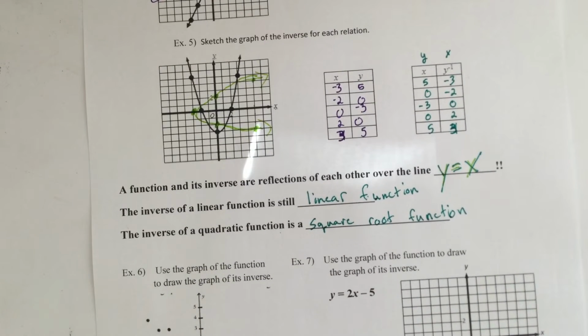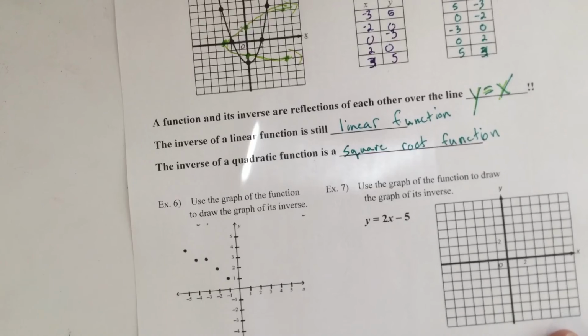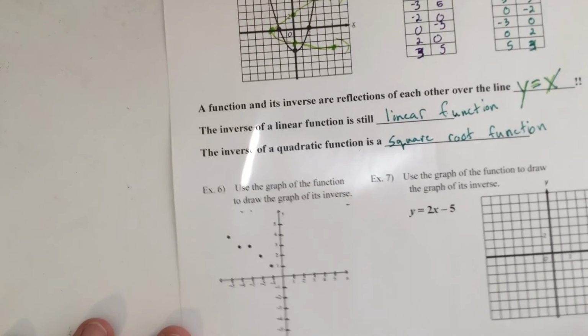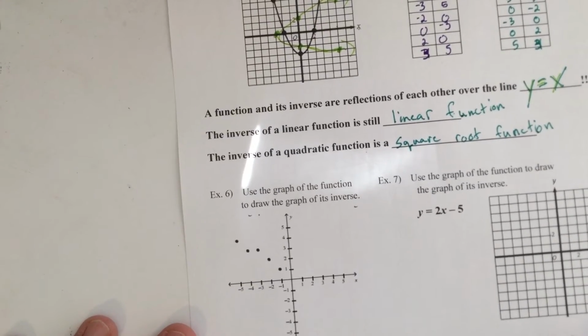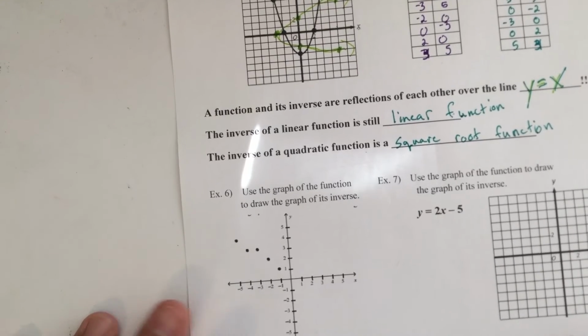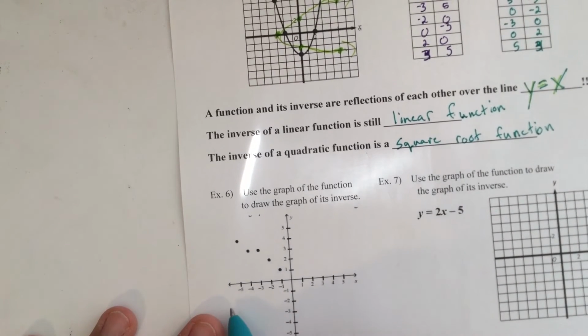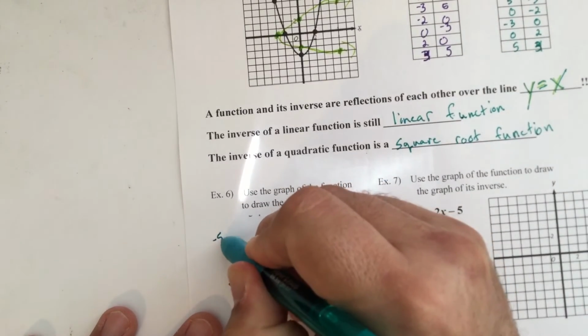All right. Let's see this. Use the graph of the function to draw the graph of its inverse. Okay, so basically you're plotting the points. That's the easiest thing to do. Let's say this is negative 5, 4.